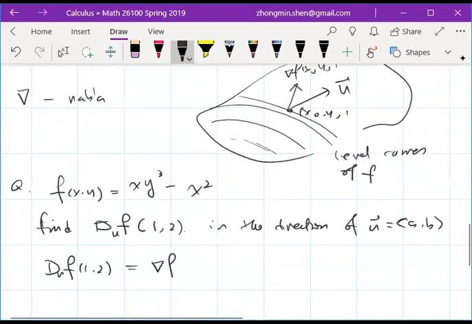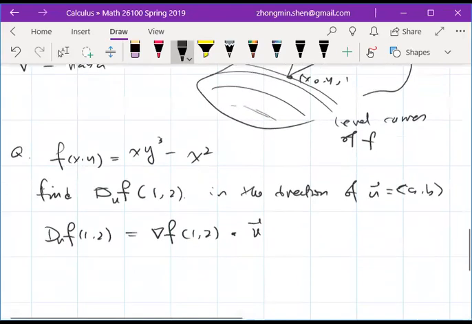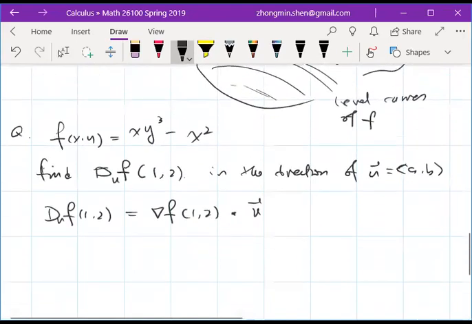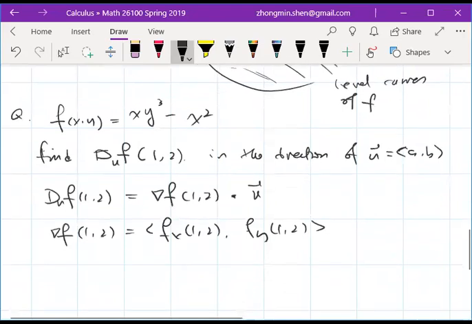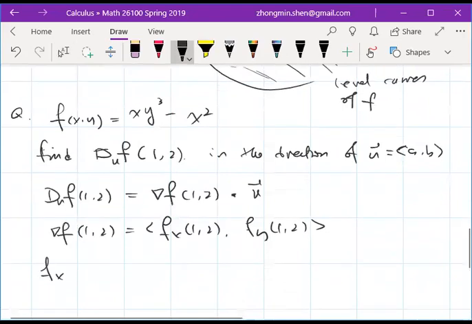So all I have to do is write down the formula. This is going to be the gradient of the function at the point, and the inner product. Okay. So all I have to do is just find the gradient at the point. By definition, just need to compute the two partial derivatives, right? Okay. So the first partial derivative with respect to x will be y cubed minus 2x.